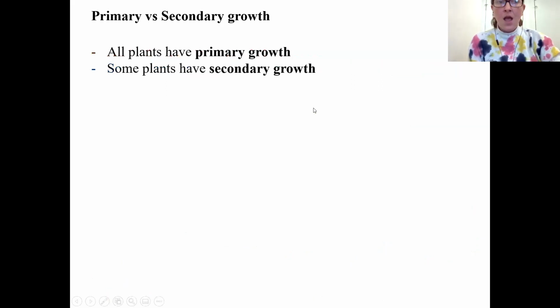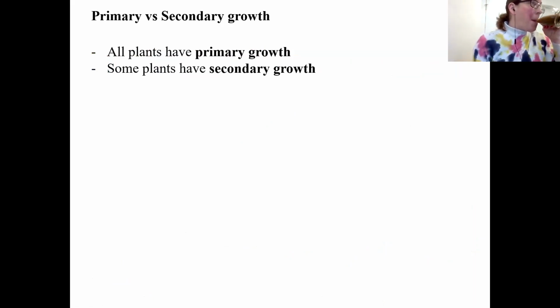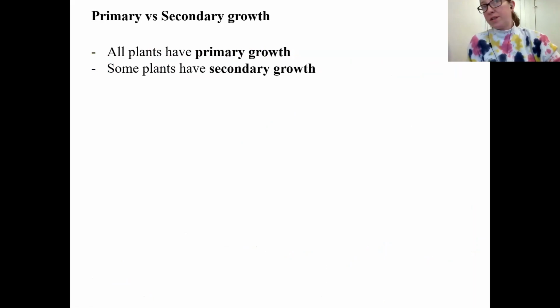Okay. This is important. Make a note. All plants have primary growth. Every plant, every single plant. Mosses have primary growth. Hornworts and liverworts have primary growth. Everything has primary growth.